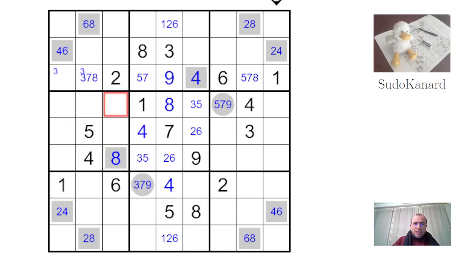Yes, there's a 1 here, there's a 1 there, so we can place the 1 here. And then, is there anything else from standard Sudoku?